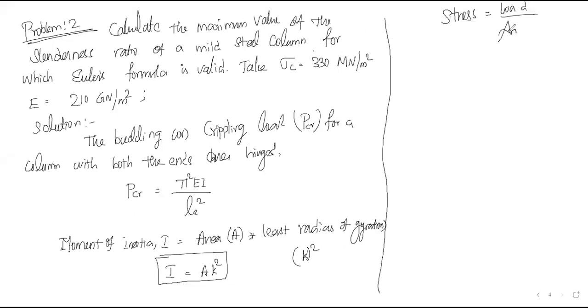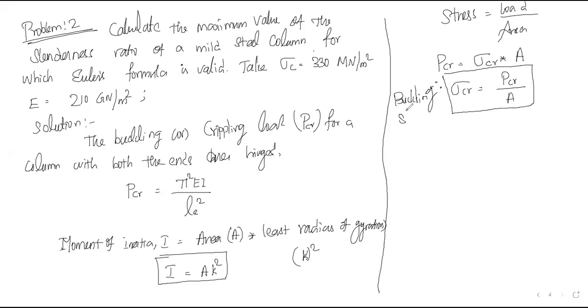If the load is equal to PCR, then the stress is sigma CR into A. Therefore, sigma CR is equal to PCR by A. This is nothing but the buckling stress.